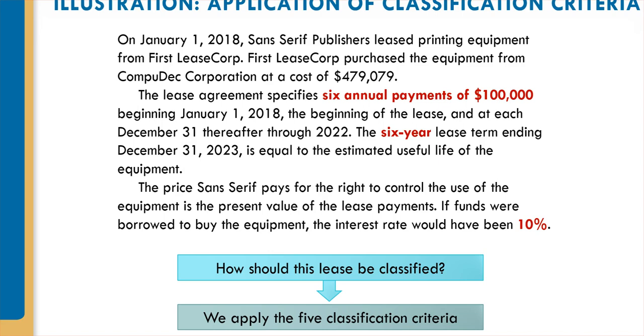And here you have the lessor who purchased the equipment from someone else at a cost of $479,079. I'm going to assume that they just purchased it. So the lessor just purchased this thing for $479,079, and then they're going to lease it out to the lessee, who is sans serif, and they're going to have to make 6 payments.